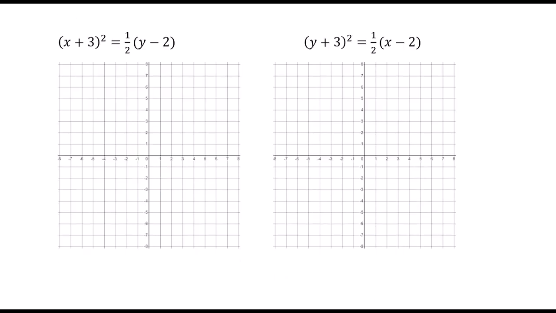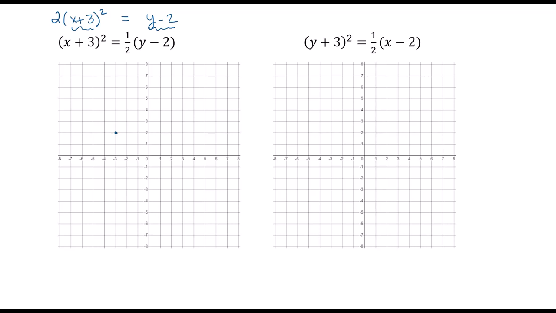Let's try that again here where we have a shift in the vertex. So let's go ahead and get this into a more agreeable form for us. Y minus 2 equals 2 times x plus 3 quantity squared. So instead of the vertex being at 0, 0, the vertex is now at -3, positive 2 because of the shifting with x and y.